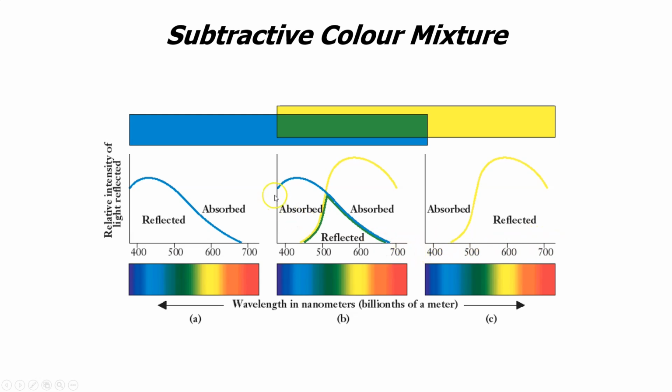Now, if we mix together a blob of blue paint and a blob of yellow paint, their area of overlap is this region here, which corresponds to 520, 530 nanometers, which we see as green. So this would be an example of subtractive color mixture. Again, it's tough because you do have to think in terms of negatives.